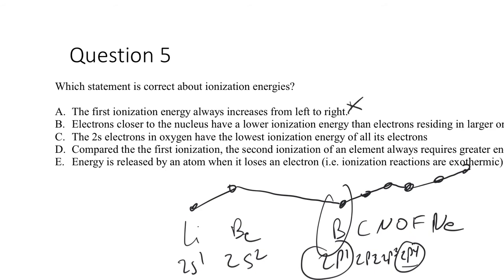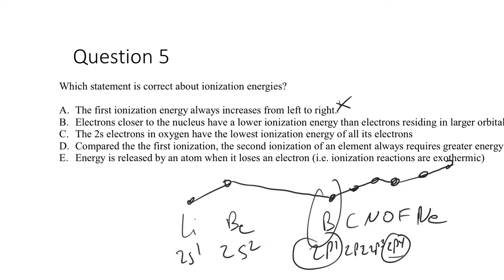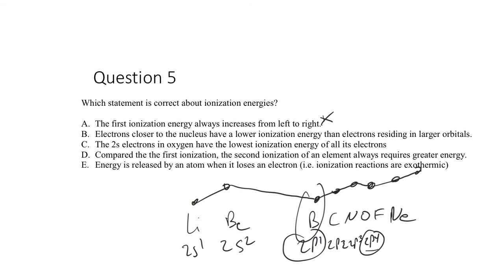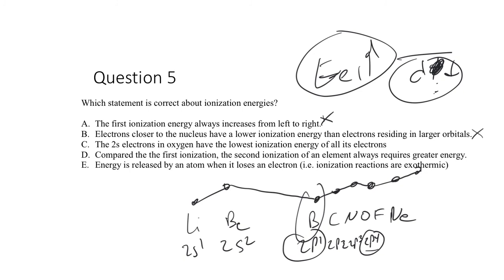Electrons closer to the nucleus have a lower ionization energy than electrons residing in larger orbitals. Electrons closer to the nucleus should have a higher ionization energy because they're closer to the nucleus, so that d term is smaller. So you decrease the size of the distance, you increase the energy of that attractive force.